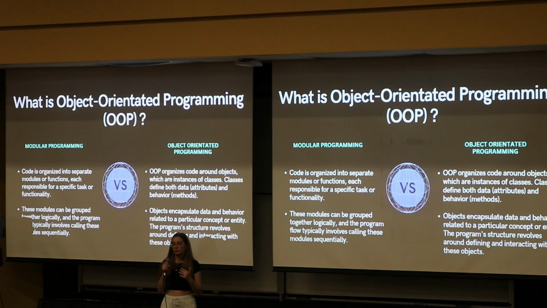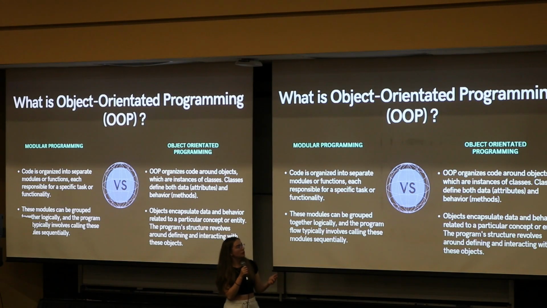Those were like the attributes, and those define the behavior of the class, of the object, actually, what it is. So even like I said here, in 104, these modules can be grouped together logically, and the program flow typically involves calling these modules sequentially. Versus we have OOP, which organizes code around objects, which are instances of classes. Classes define both data attributes and behavior methods.